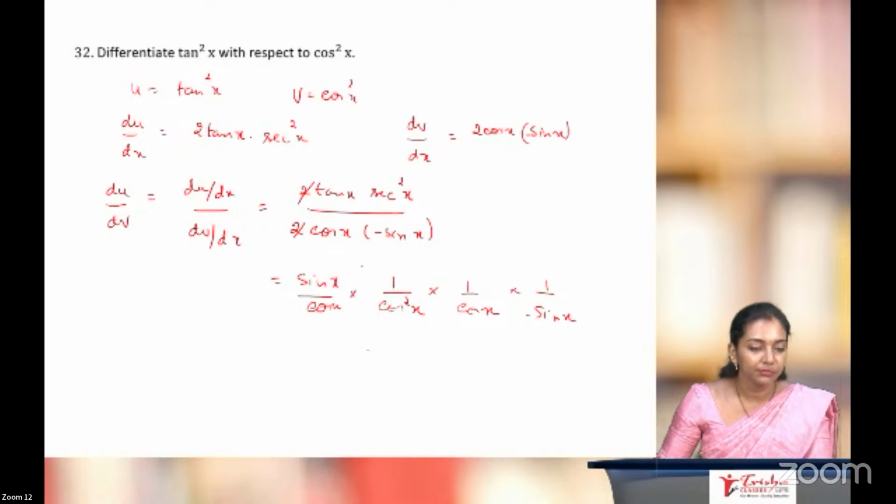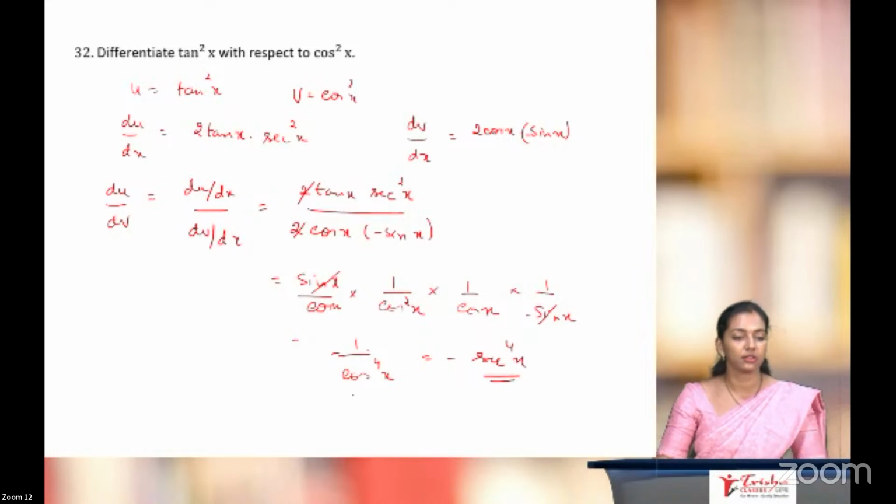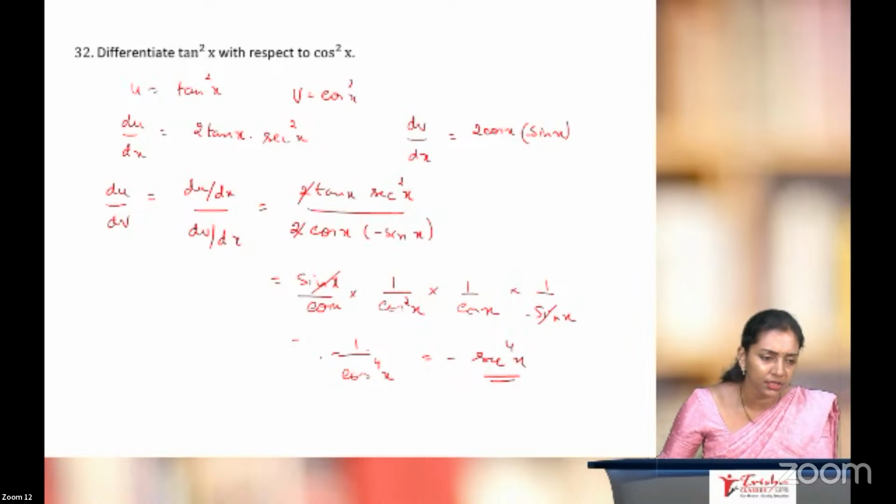So see here, sin x gets cancelled. So what do you have? Cos x, cos square x and minus 1 by cos to the power 4 x, or it is minus secant to the power 4 x. That's the answer. Okay, so similar type of questions you can expect, implicit or logarithmic.